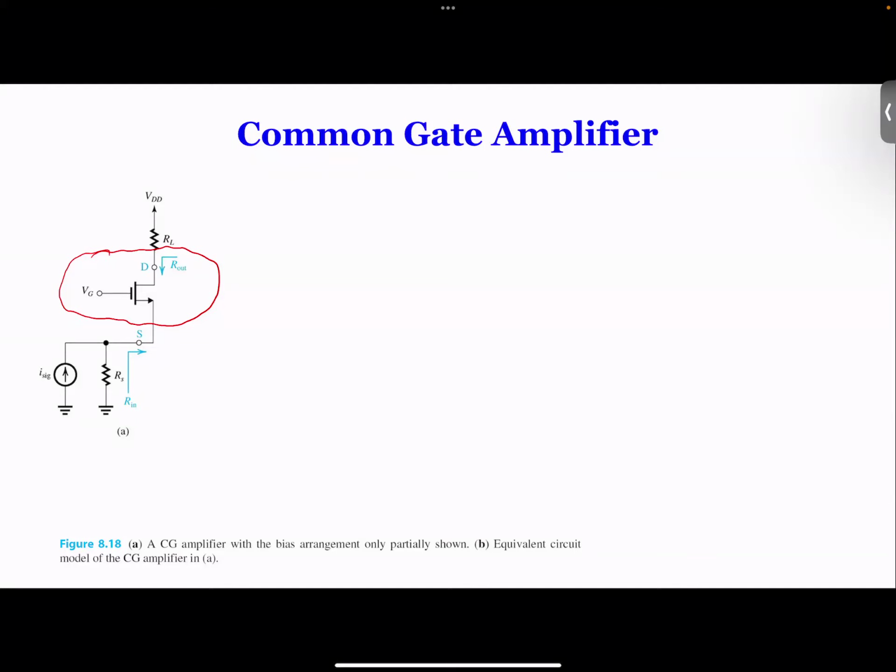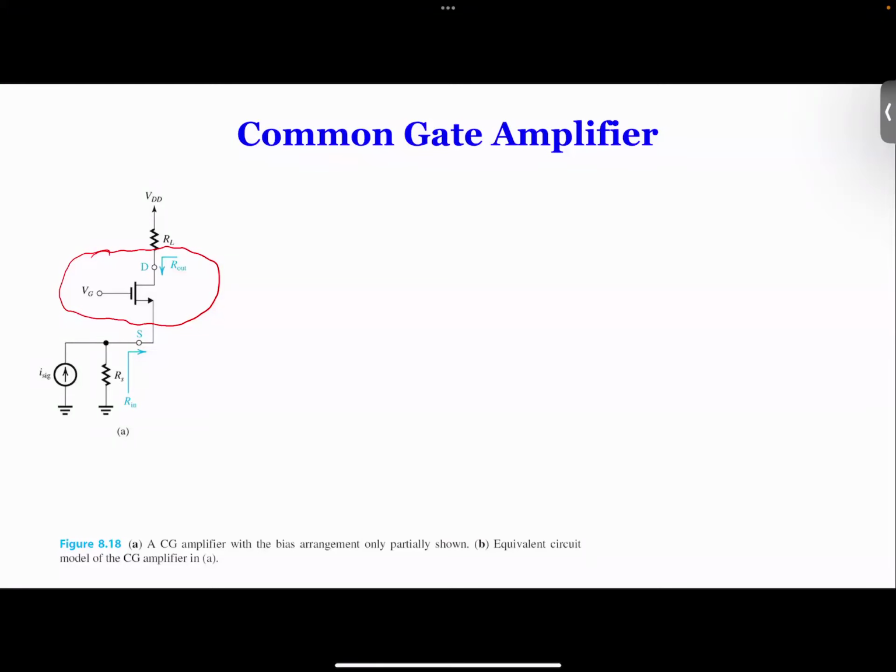Here, the gate is ground for AC. Of course, the drain is also grounded, but it has a resistance there. So the drain is not truly grounded, since it has the load resistance. We take the output at the drain, so it's not a common drain. So it has to be a common gate amplifier. That's why we call it a common gate amplifier.